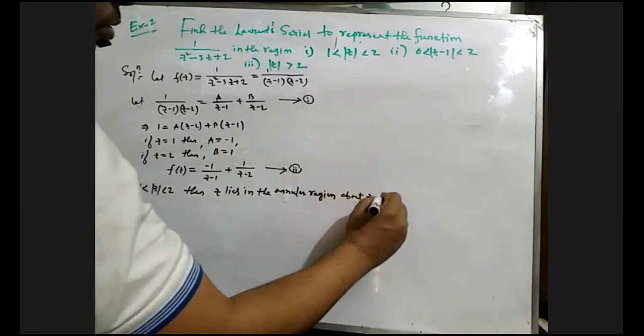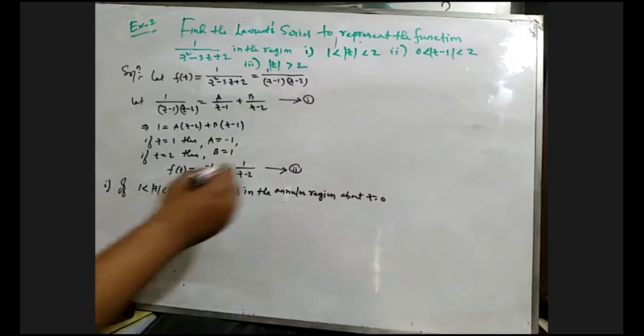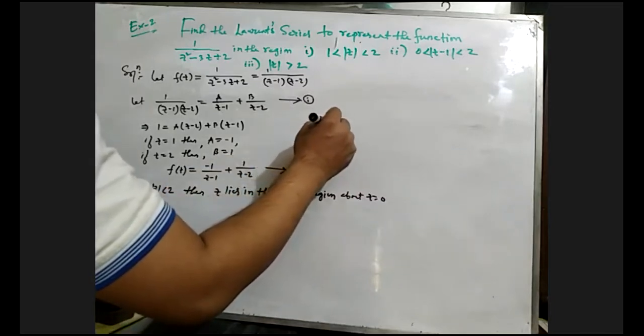About z equals 0. That means it looks like this.